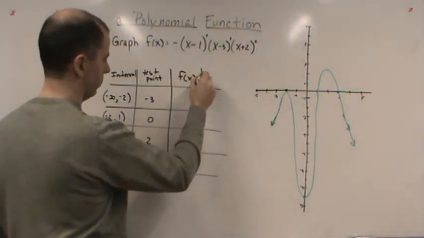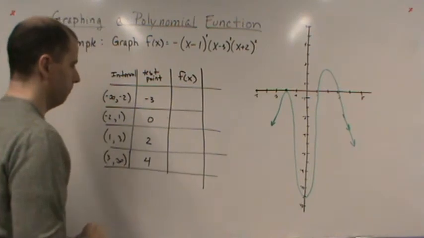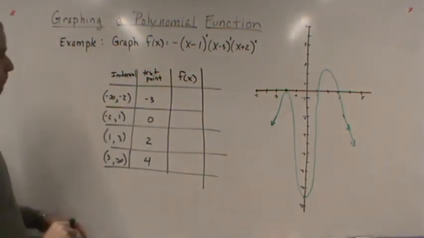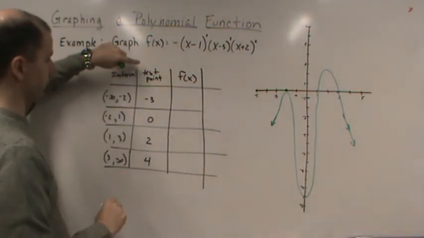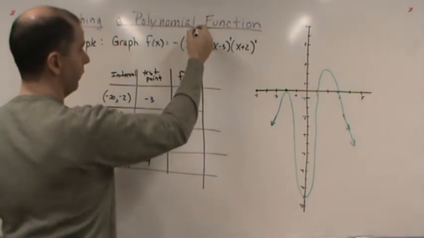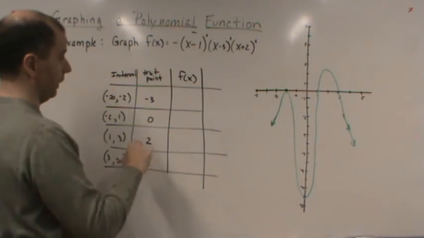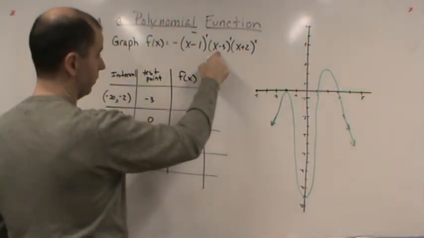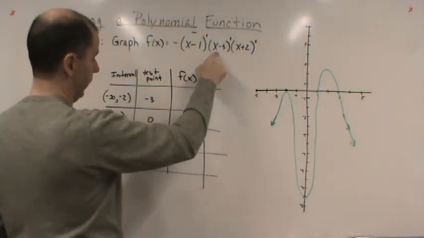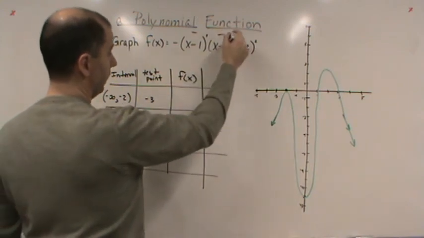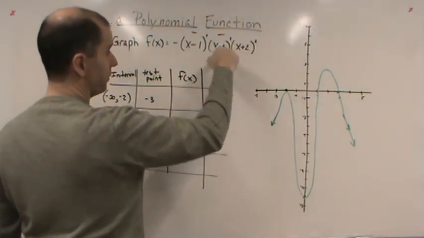And this is where we can look at the sign. Now, this test point negative 3, this will be negative, right? And then this here will be what? Negative. Now this is squared, so this is always going to be positive.